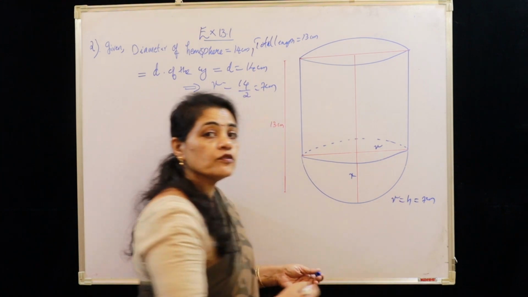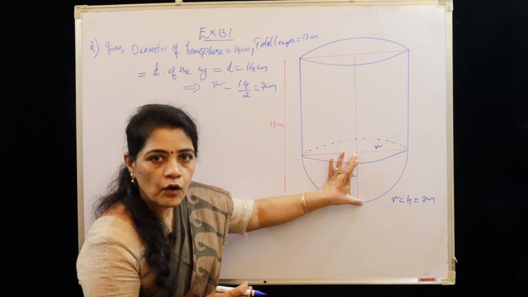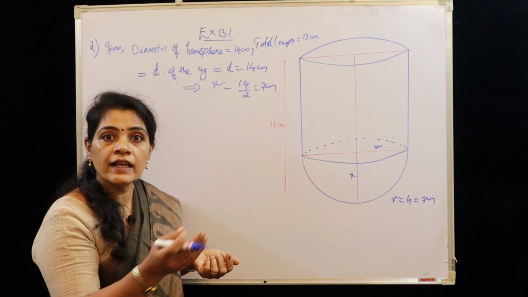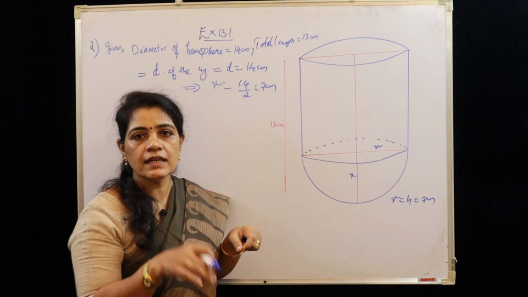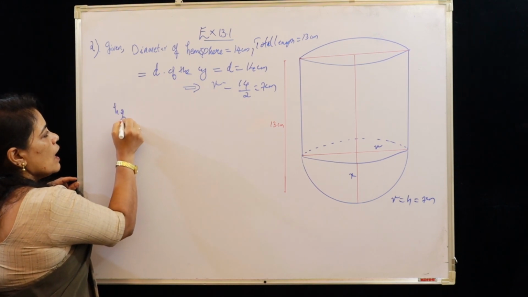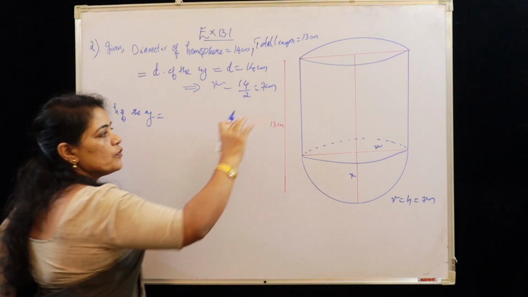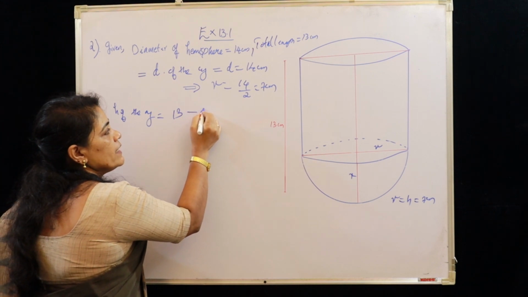So the height of the hemisphere, if you subtract it from this 13, you will get the height of the cylindrical portion, the hollow cylinder. That is the next step: the height of the hollow cylinder is equal to the total length, 13, minus 7.